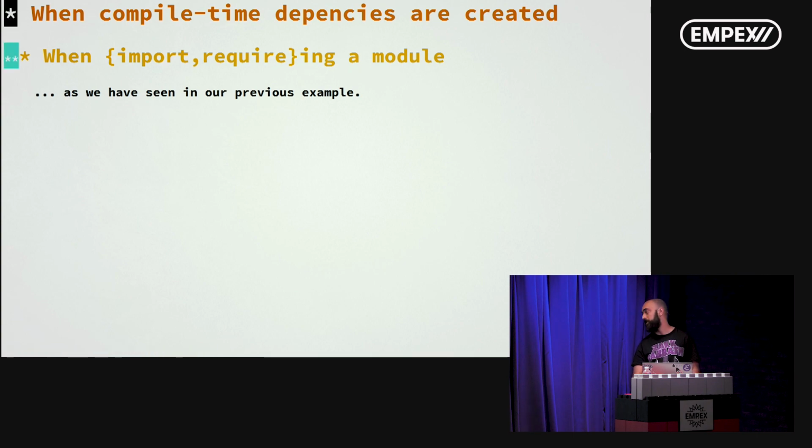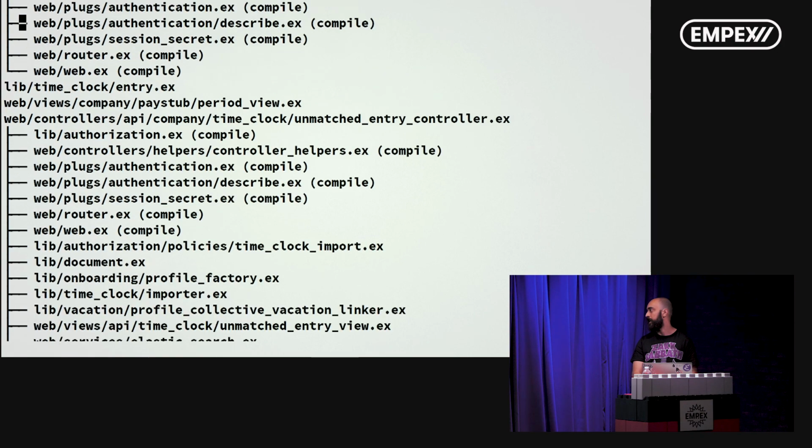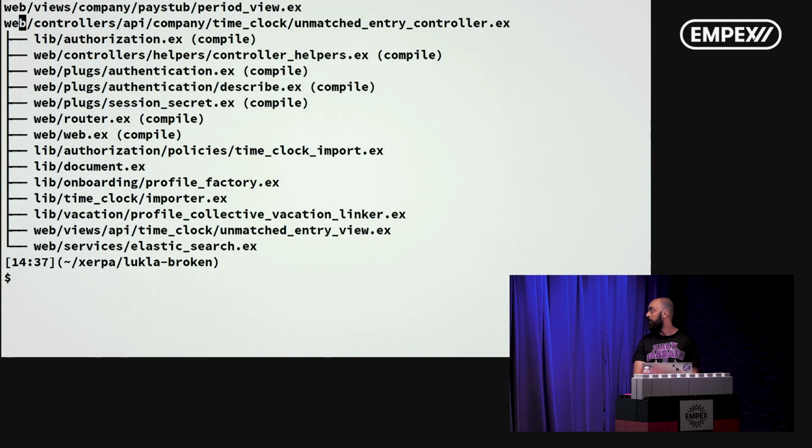I'll give a quick example of what this output means. You get what file depends on which other files, and as we can see, this controller depends on the authorization module as a compile time dependency, which means if this file changes, the controller will be recompiled.